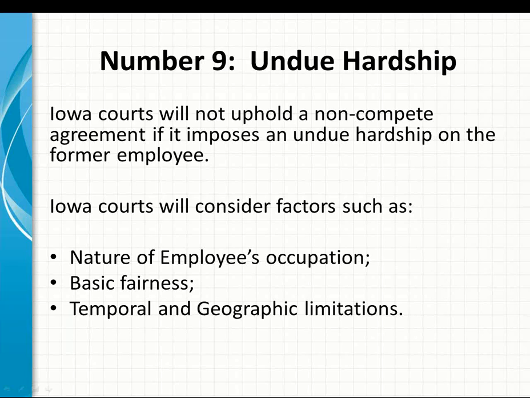In Iowa, courts will modify or partially enforce a non-compete agreement that is unenforceable as originally drafted, and this is a good thing. So if you end up in court with a non-compete agreement that has a nationwide geographic restriction and a time limitation of 3 years, the court will say, well, that's unreasonable, but we will modify this so that it's a 2-year restriction and only applies to this particular county.